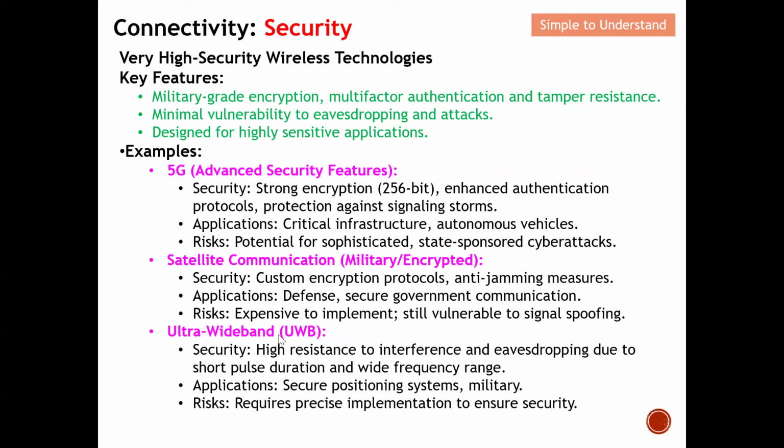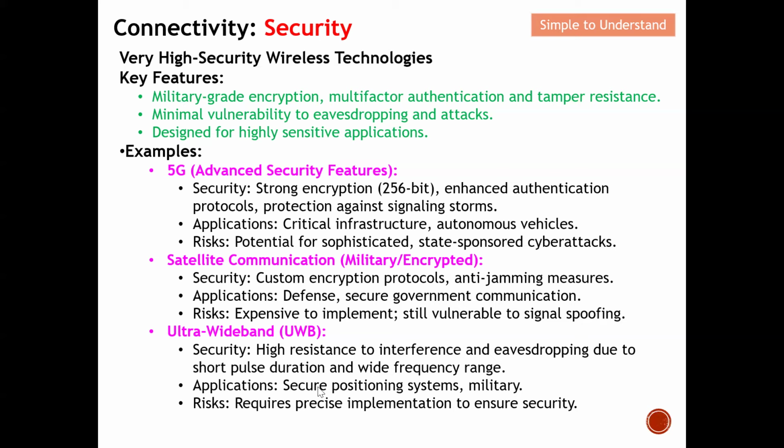Ultra wideband is another example of very high security wireless technology. Because of the wideband, it's very difficult to intercept the UWB signal. So secure, they are highly resistant to interference and eavesdropping, due to the short pulse. Short pulse is because of high bandwidth, therefore they have short pulse duration and also wide frequency range.